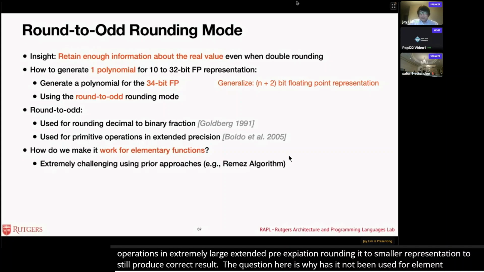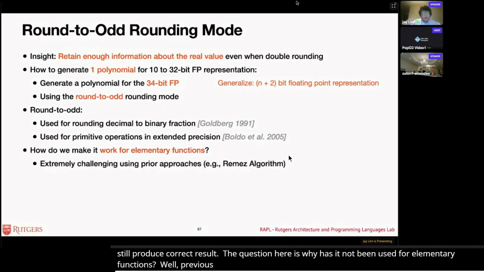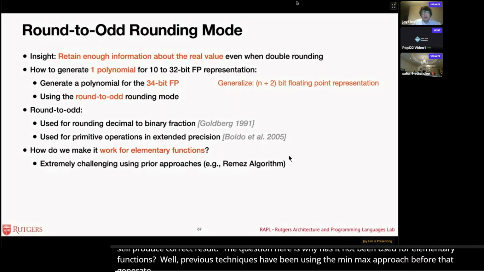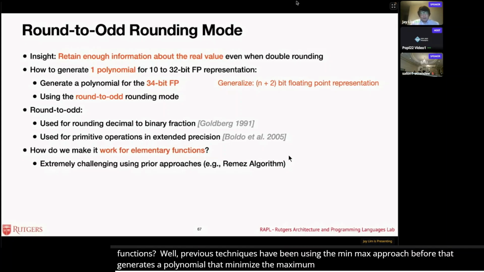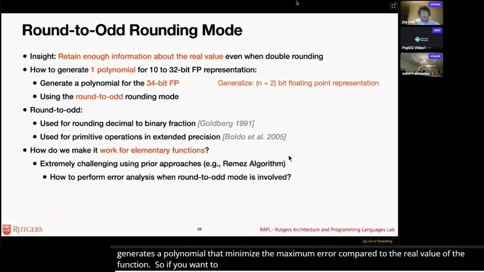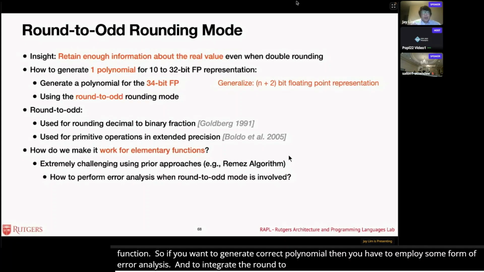Well, the previous techniques have been using the minimax approach that I described before, which generates a polynomial that minimizes the maximum error compared to the real value of the elementary function. So if you want to generate a correct polynomial, then you have to employ some form of error analysis. And to integrate the round to odd mode with the minimax approach, you now have to develop some novel error analysis technique.